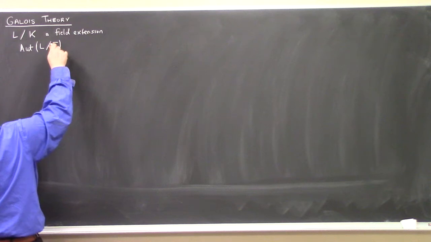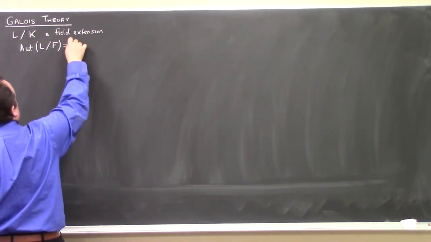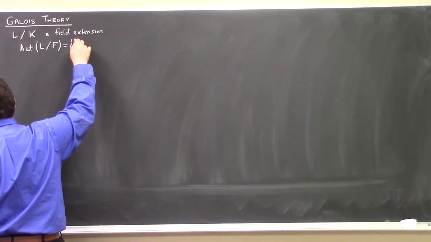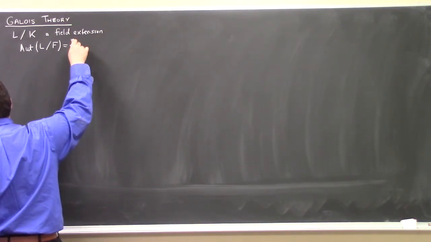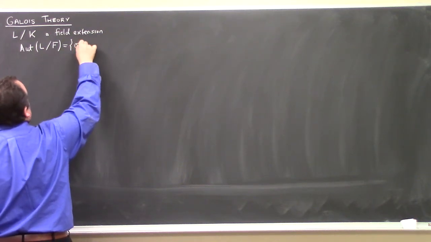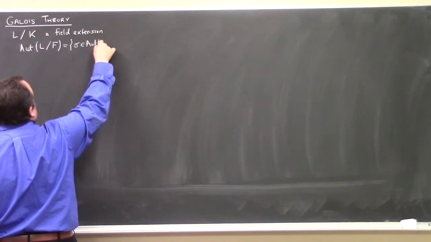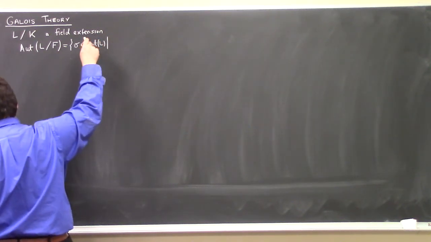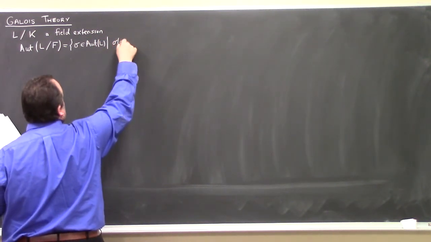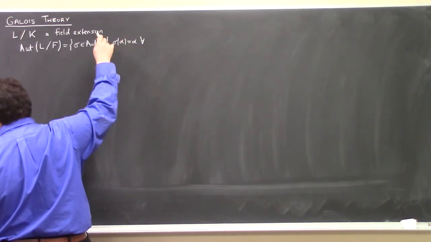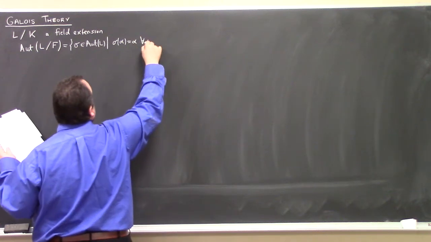Anyway, Aut(L/F) is equal to what? Sigma, an automorphism of L such that what? Sigma of alpha equals alpha for all alpha in F.